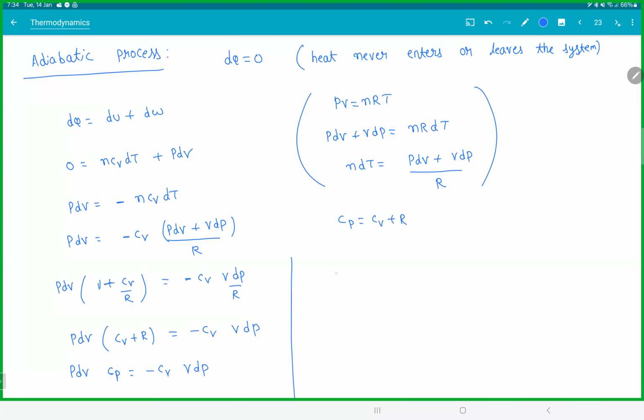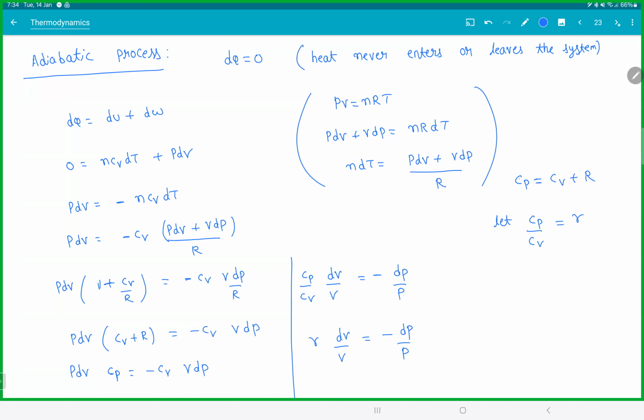So this can be written as dV by V equals minus dP by P times Cv by Cp, that is, Cp by Cv times dV by V is minus dP by P. Now who will write that Cp by Cv every time? So we will call it, let Cp by Cv be equal to gamma. So this becomes gamma dV by V is equal to minus dP by P. Clear?